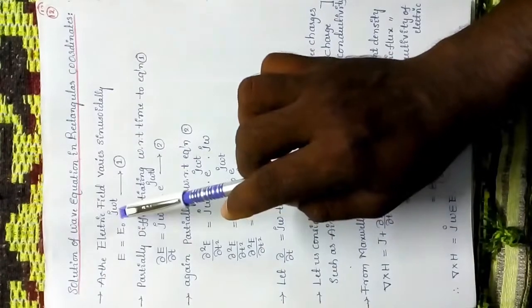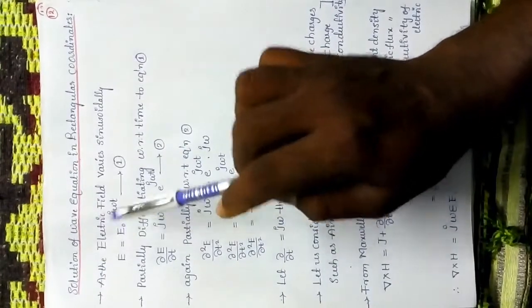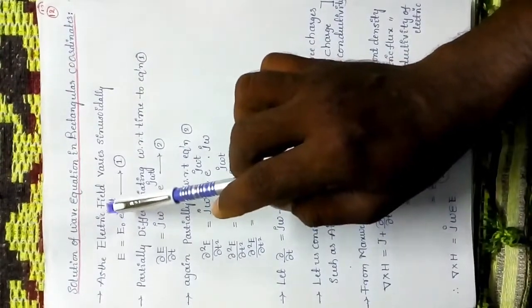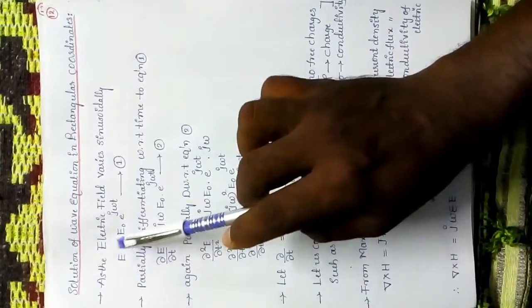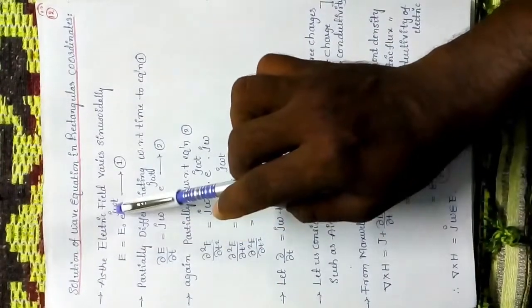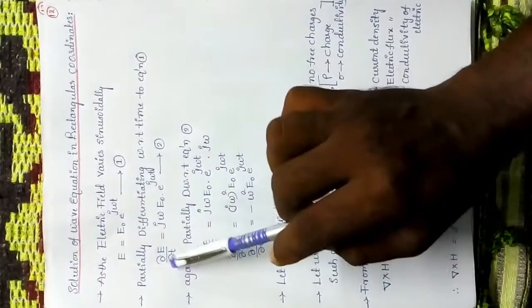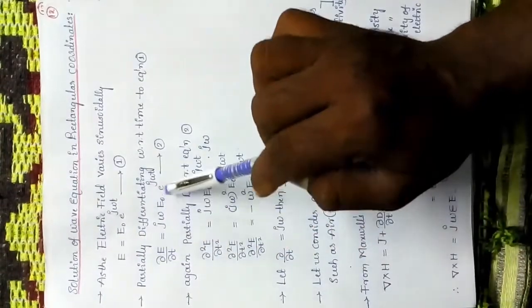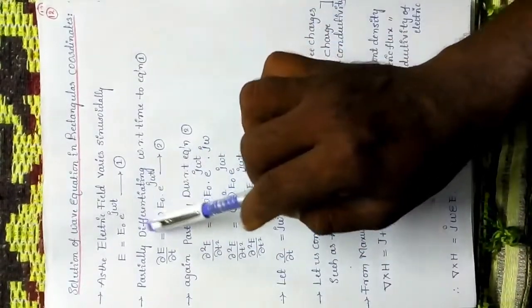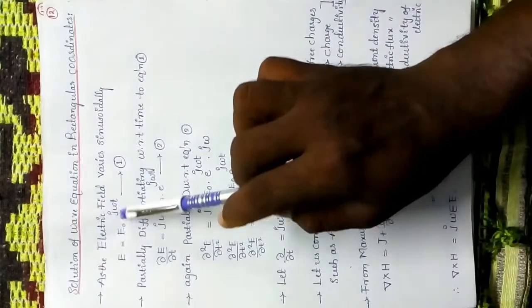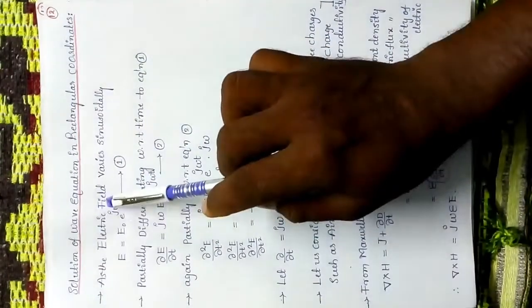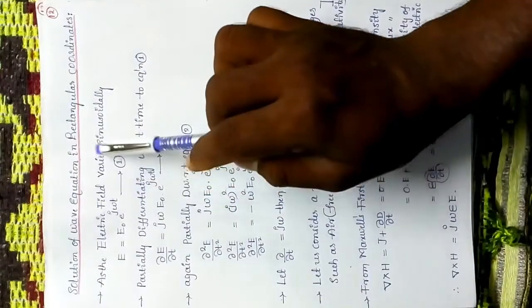Now I am doing partial differentiation of this equation with respect to time. What we get is dou E by dou t is equal to j omega E naught into e power j omega t. How do we get j omega? This is in the form of d by dx of e power x.